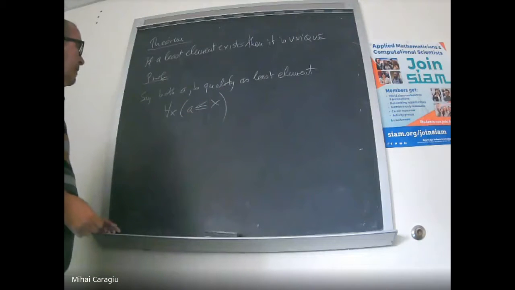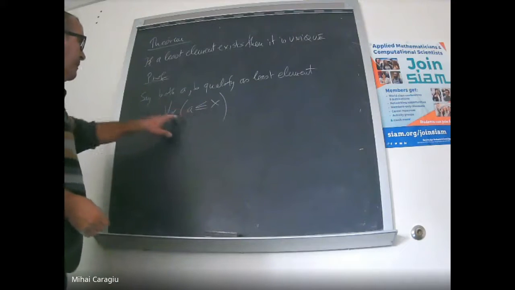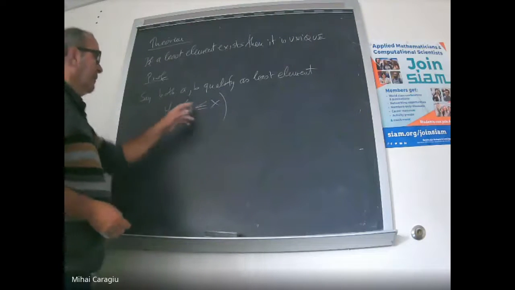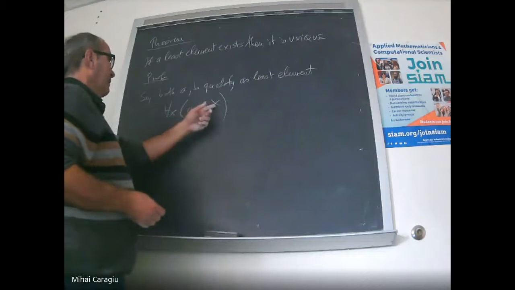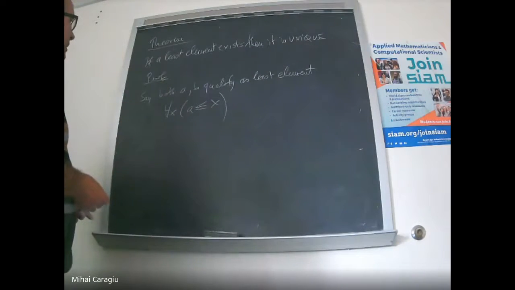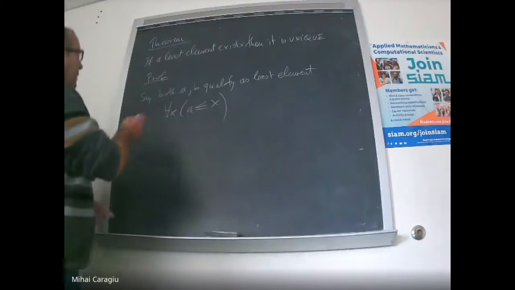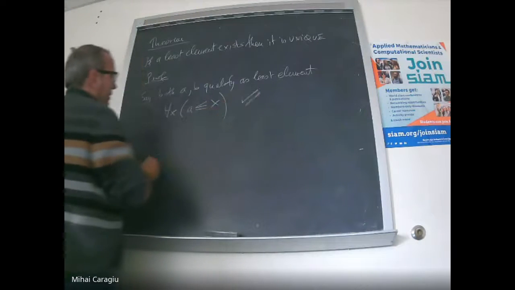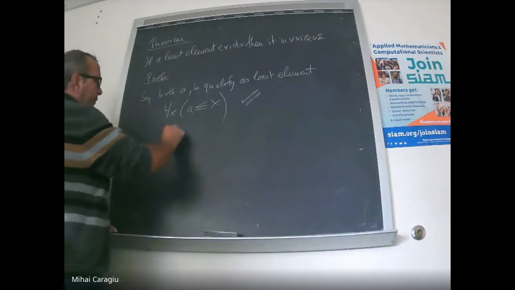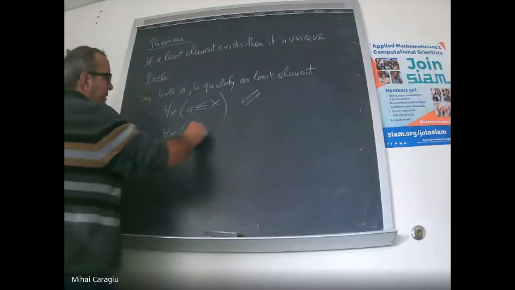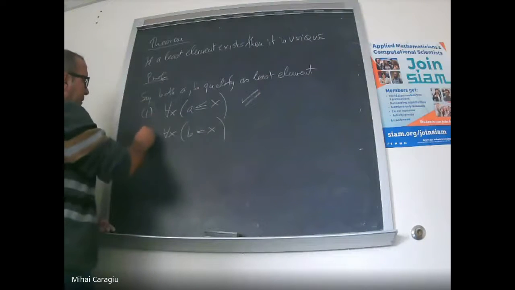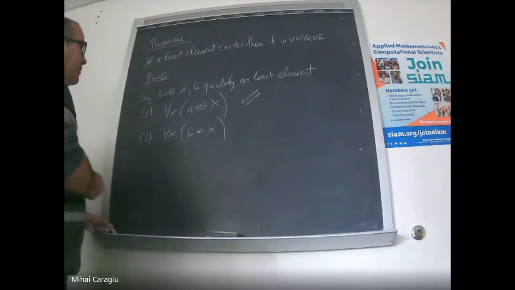Because I can climb in the diagram to any element x starting from A, climbing continuously. So that means A is the least element. Then we check B, which is also a least element. B also qualifies as a least element, so for all x, B is less than or equal to x. Let's get some names here: there's 1, there's 2.